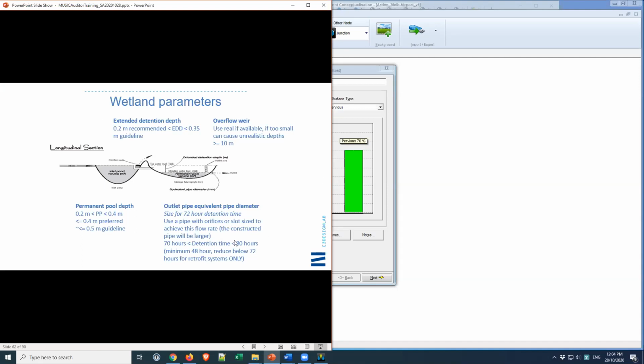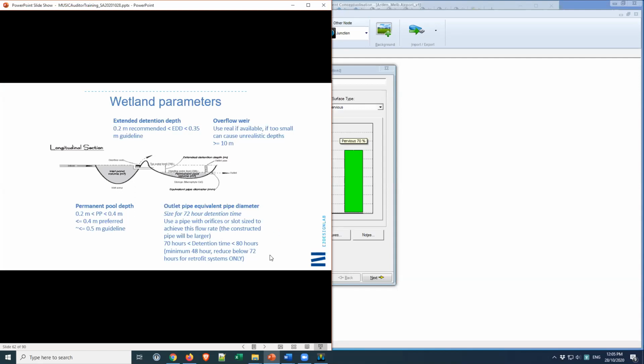We do have some good local design guidance on the detention time. Your guidelines do recommend the 72-hour detention time, which is pretty much, I think, what all the southern states have. The only variation is Queensland, where they accept 48 hours just because it's pretty physically difficult to get to 72 hours with the rainfall that they've got.